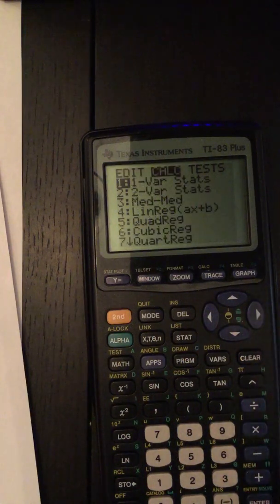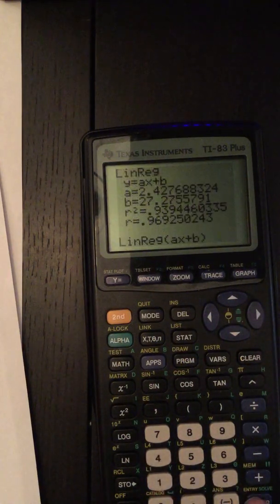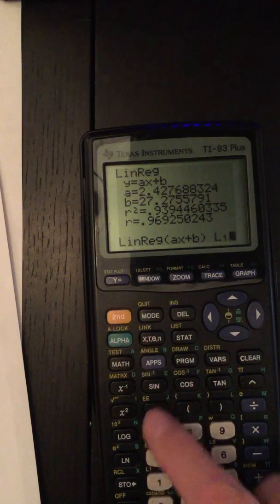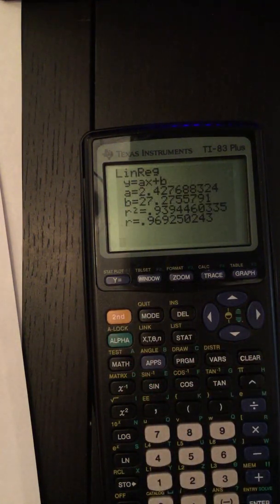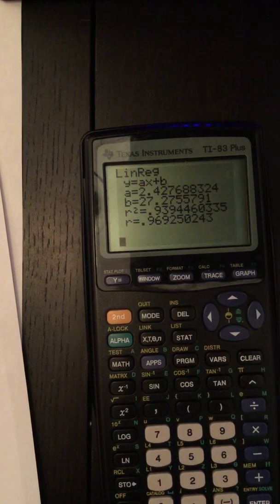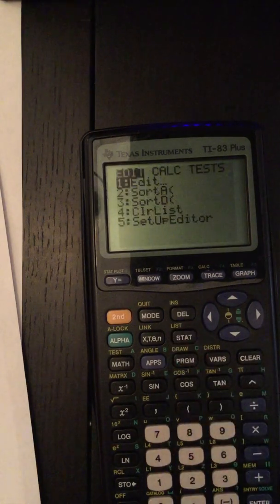I don't know how much of an impact that is, but we want to make sure we do it. So second function 1, comma, second function 2. I can actually see if it's got a big impact. Well, maybe not. So linear regression has an R2 of 0.93944.